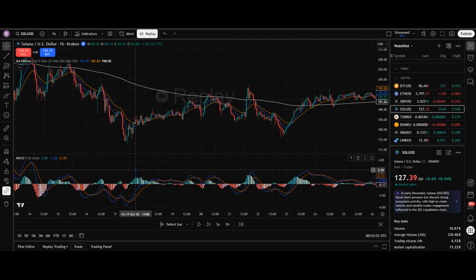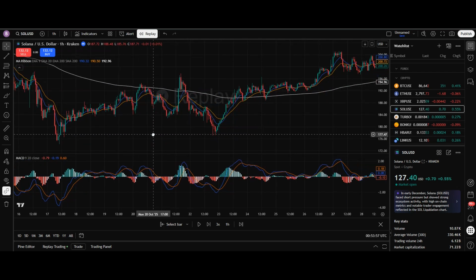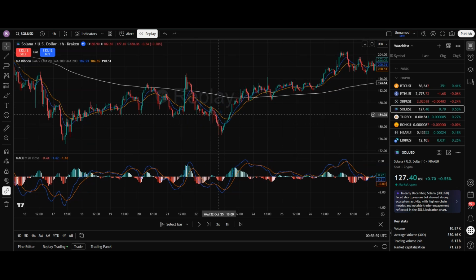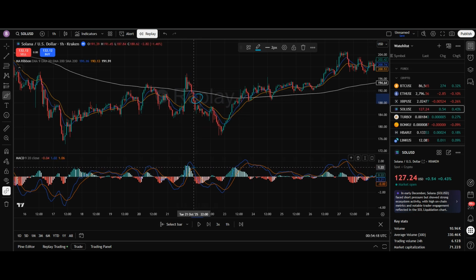setup to understand, right? So if we look now for when price broke above the 200-day EMA line, let's just say, okay, at this point we see the crossover, but the 9-day EMA is crossing below the 20. When you look at that and you look at the MACD, the same thing is happening.